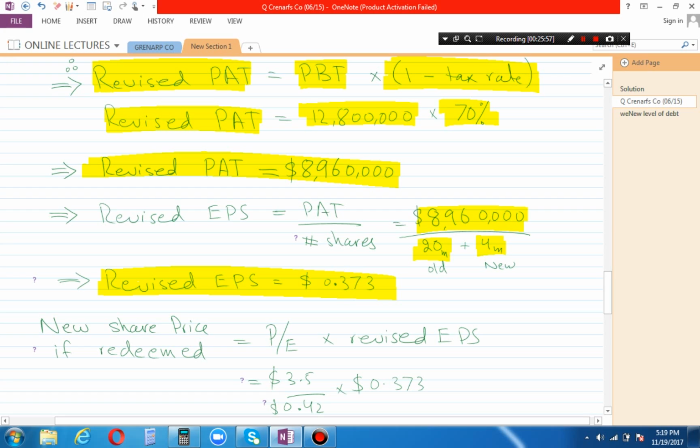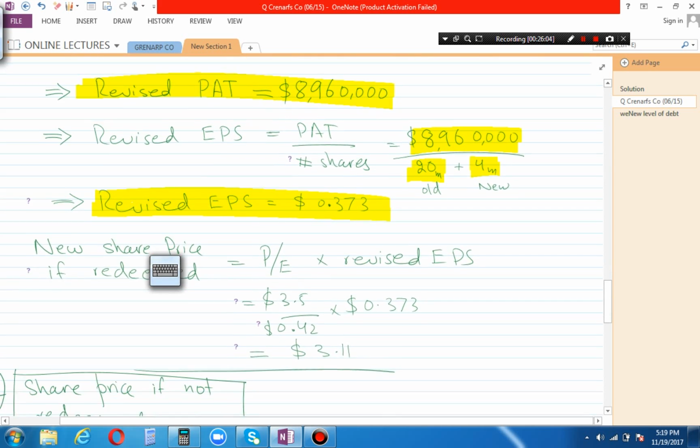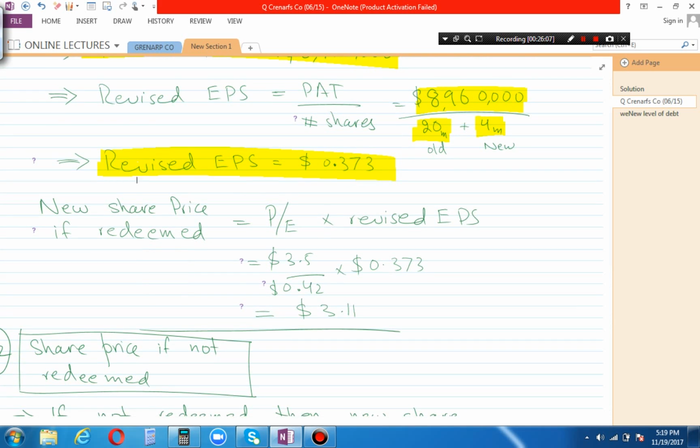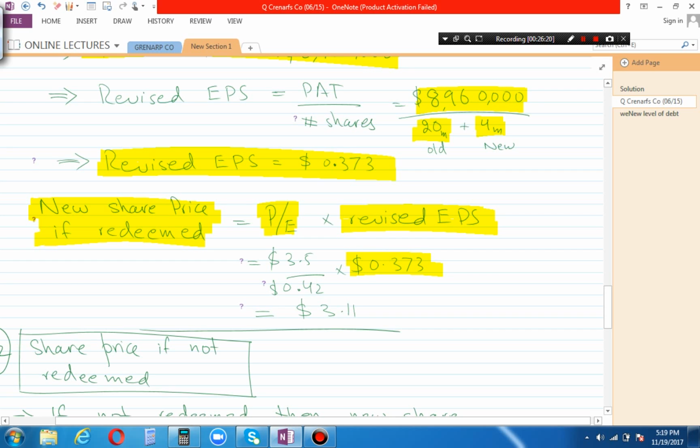If the revised EPS is $0.373, then what would be the share price? As we said at the start of the question, the new share price, if redeemed, is PE ratio multiplied by revised EPS, which is 0.373, and the current share price is 3.5, the current earning per share is 0.42, and the new share price if redeemed would be $3.11.